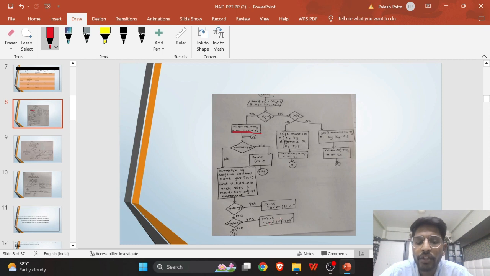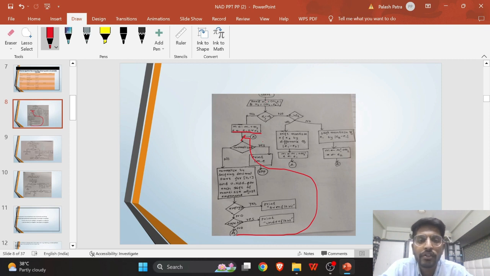And if both the conditions, the overflow and the underflow, are not met, we go over here to the A part. That is, from here we go over here, and then the condition is normalized, and then we print the result.